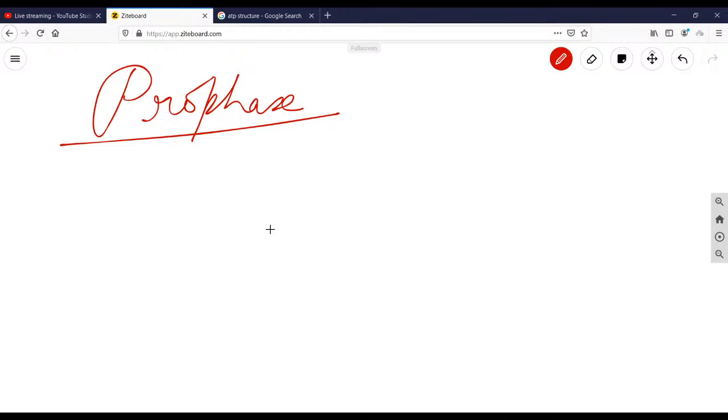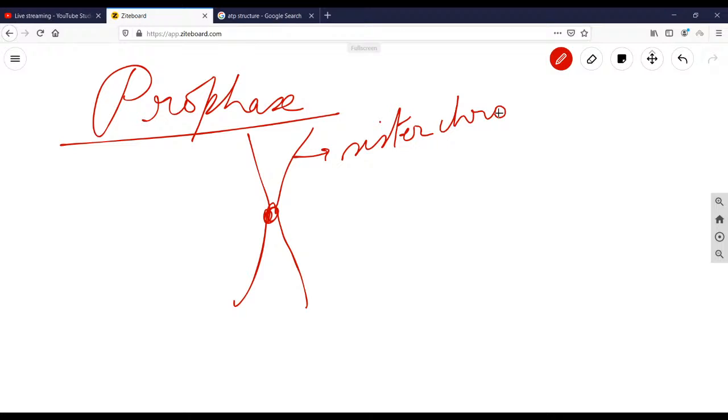Each chromosome, we know, is made up of two genetically identical chromatids, what I talked about in the S phase. They are not homologs, they are genetically identical. Same gene, same sequence. These are known as sister chromatids attached to the same centromere.